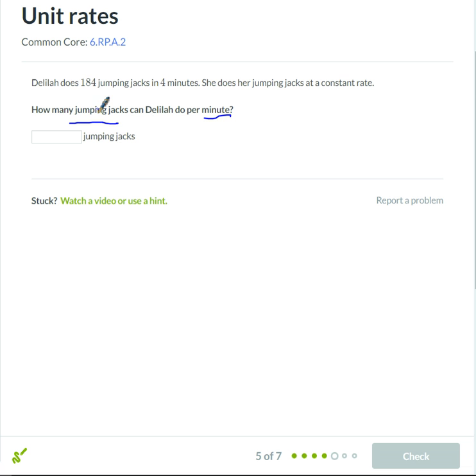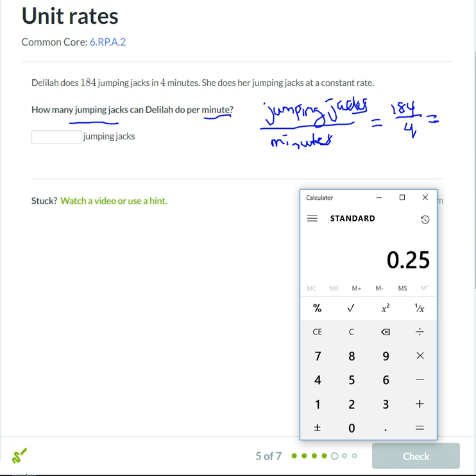Jumping jacks comes first, so I'm going to do jumping jacks divided by minutes, which is simply going to be 184 divided by 4, and 184 divided by 4 is 46, which means that Delilah can do 46 jumping jacks per minute.